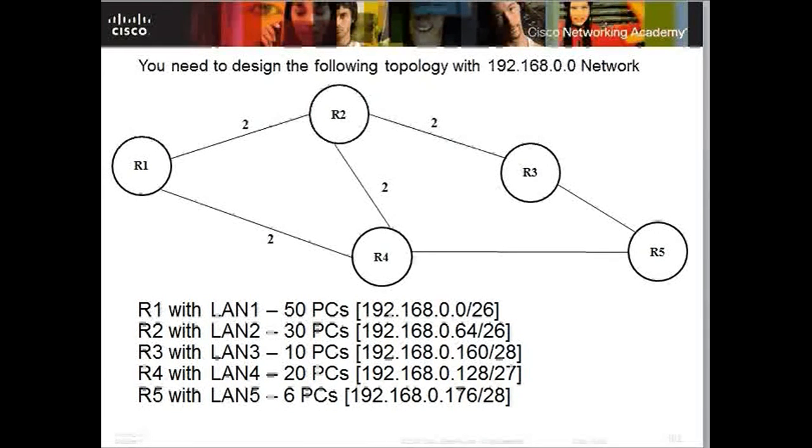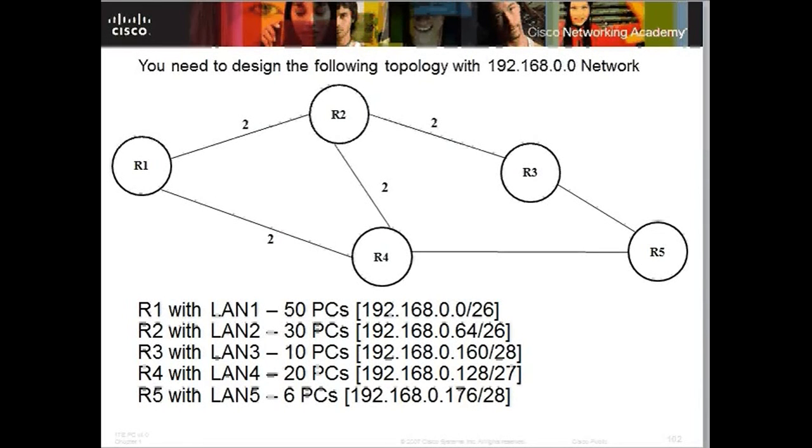So here you need to design the following topology given by this network. This is the original class C network, 192.168.0.0, and here the requirement is that the connectivity among these routers is as given in the picture.